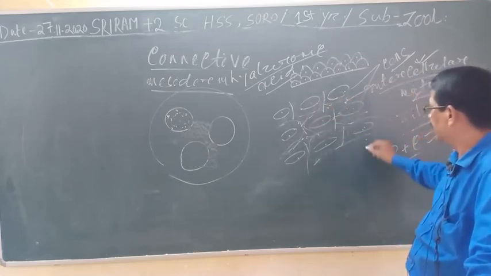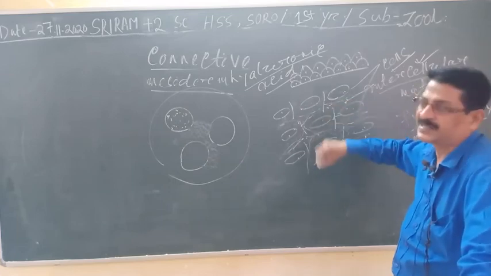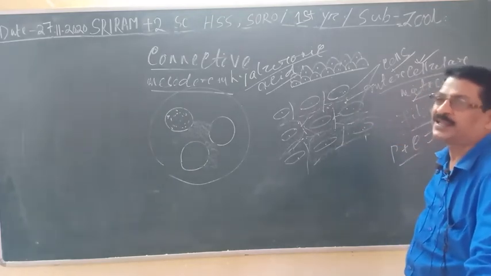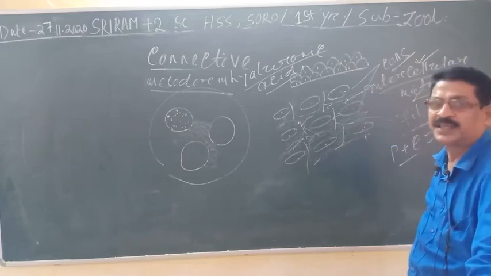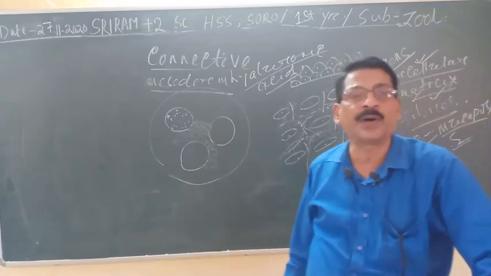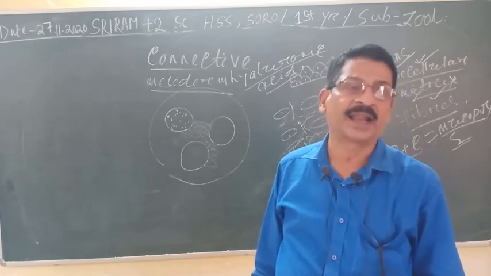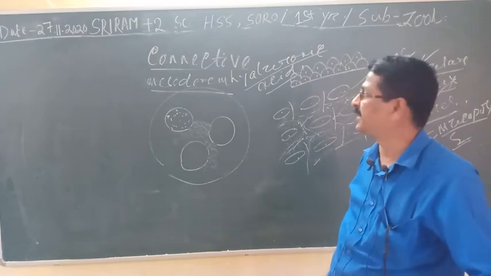Clear? At the early stage the amount of matrix is more and the fibers are less. But with the increase of age, the amount of matrix decreases with the increase in the number and thickness of the fibers, so the body gradually loses its flexibility. Clear?